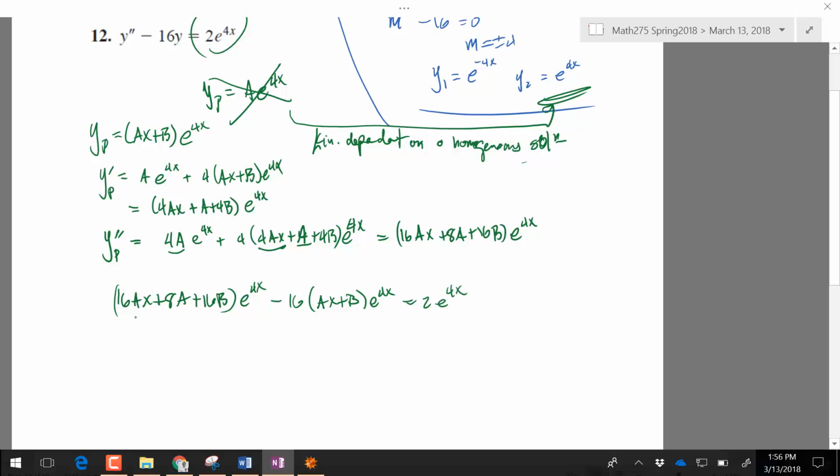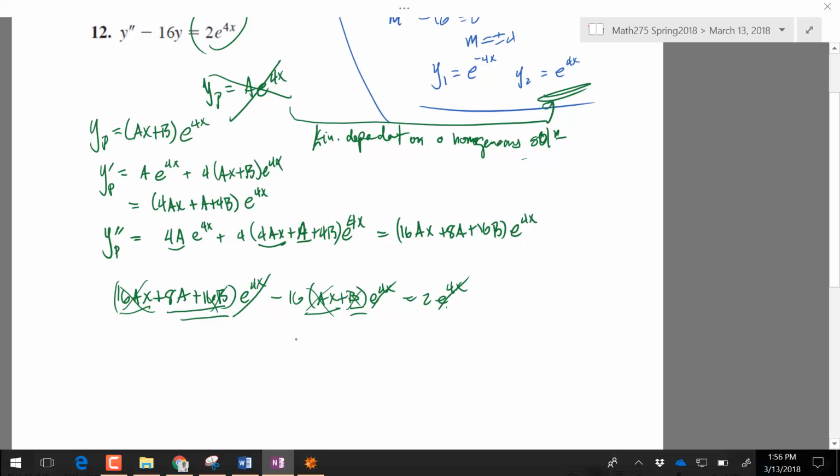So I'll again knock out the e to the 4x, and then I will look for the linear terms and the constants. I have a 16a, negative 16a, that disappears, right? So the linear term is gone. And the 16b also disappears.